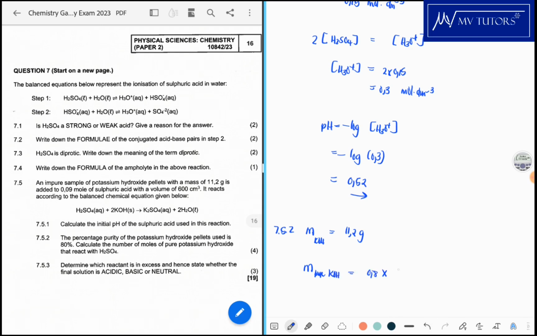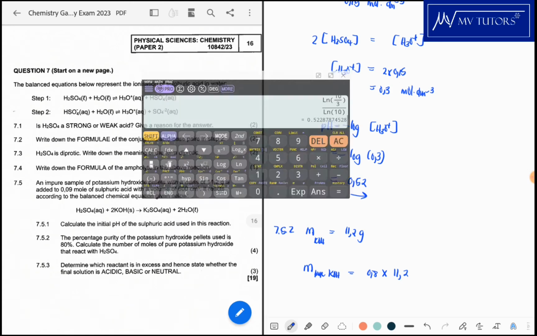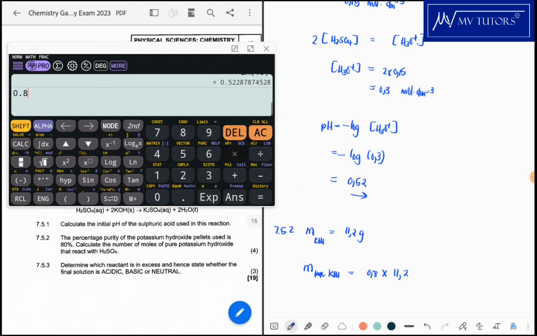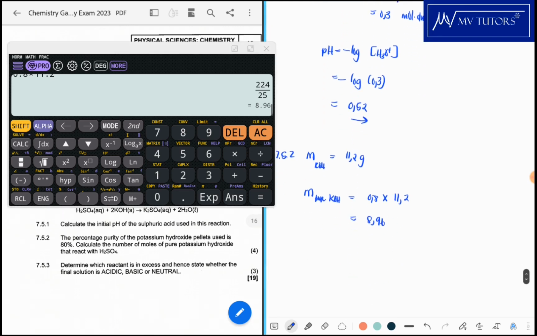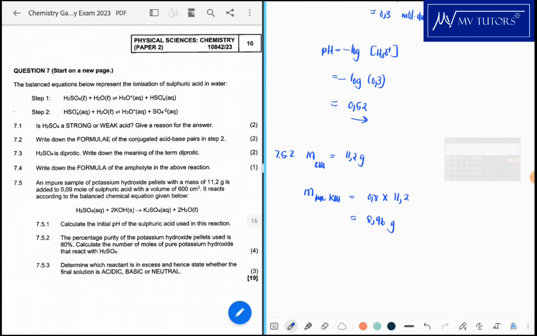That's 0.8 multiplied by 11.2, which is equal to 8.96 grams. Now they want the number of moles.